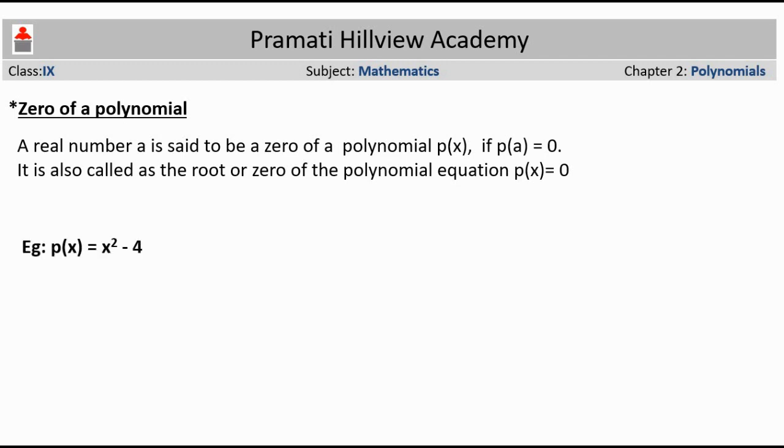Let's consider a polynomial p(x) = x square minus 4. Here, when x = 2, p(2) = 2 square minus 4, which is 4 minus 4, which is equal to 0.